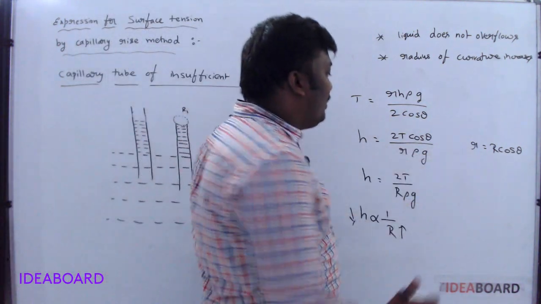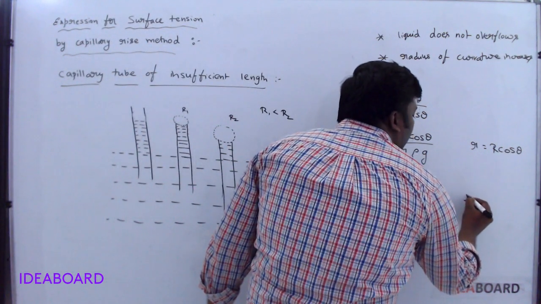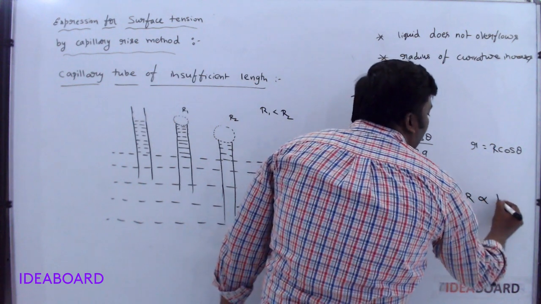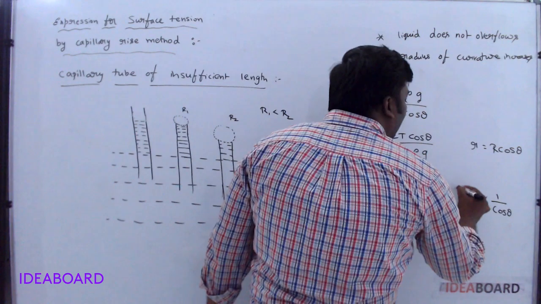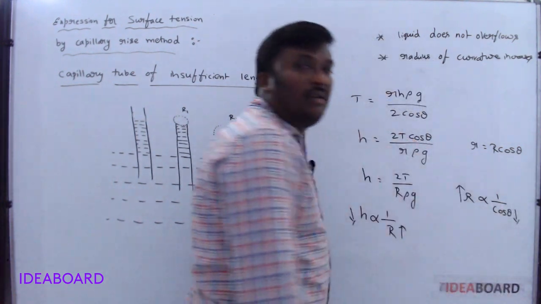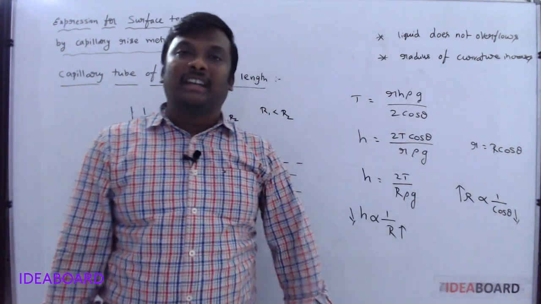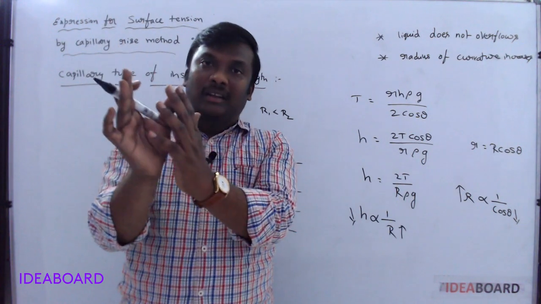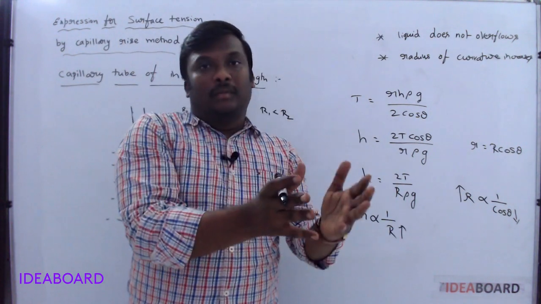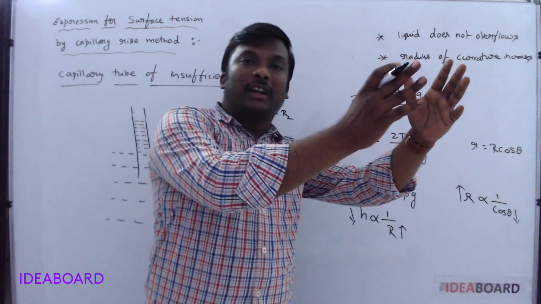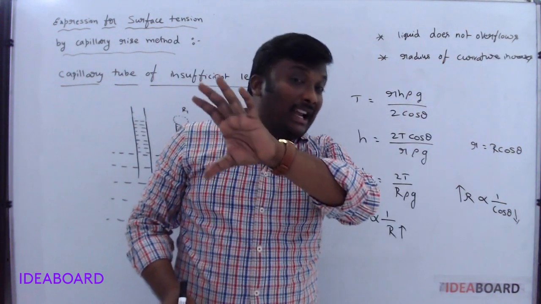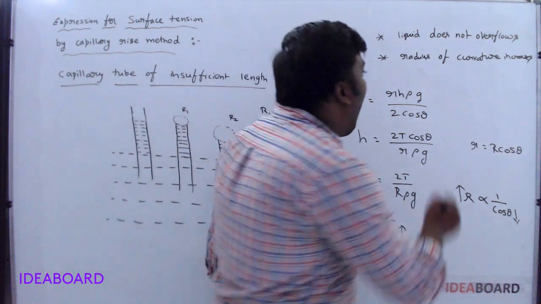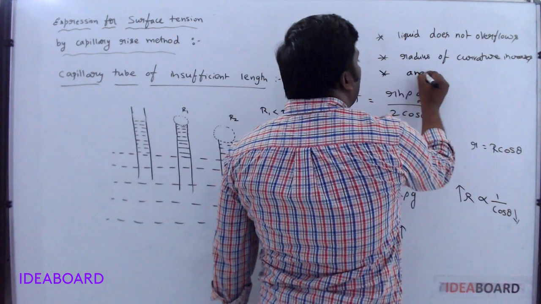Understand? Small r does not change. If small r does not change, capital R is inversely proportional to cos theta. If capital R increases, cos theta value decreases. Cos 0 is 1, cos 30 is root 3 by 2, cos 45 is 1 by root 2, cos 60 is 1 by 2. That means if the value of cos theta decreases, the angle of contact increases.